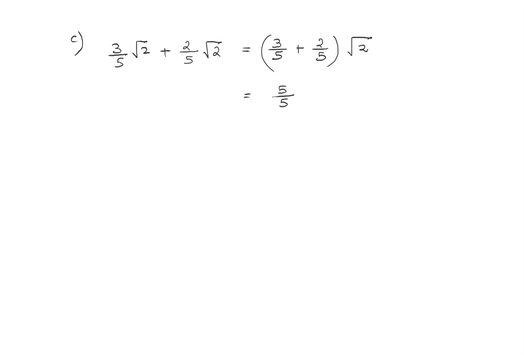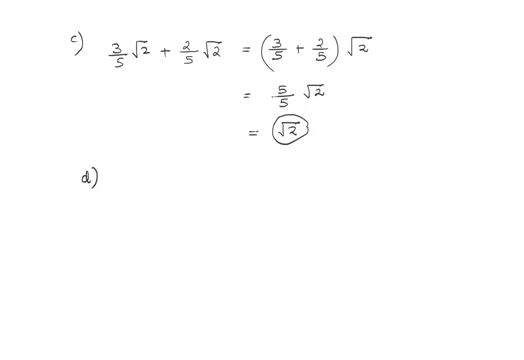Next, C, we have 3/5 square root of 2 plus 2/5 square root of 2. So we have the same index, same radicands. That means I can add 3/5 plus 2/5, and the common factor is square root of 2. So when we add the same denominator, the answer is going to be just square root of 2.